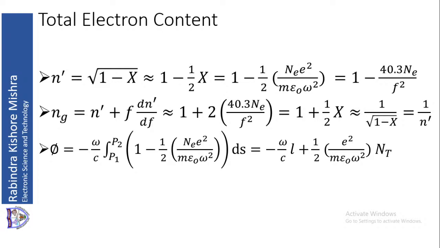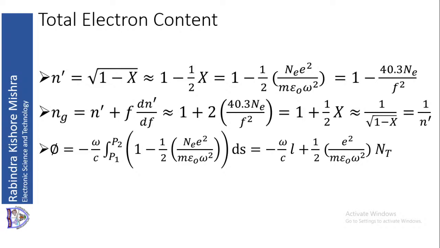Now integrating that with respect to ds will give us minus omega by c l, that comes from the first part, minus omega by c integration p1 to p2 1 ds. So that gives us minus omega by c into l. p2 minus p1 is equal to l.